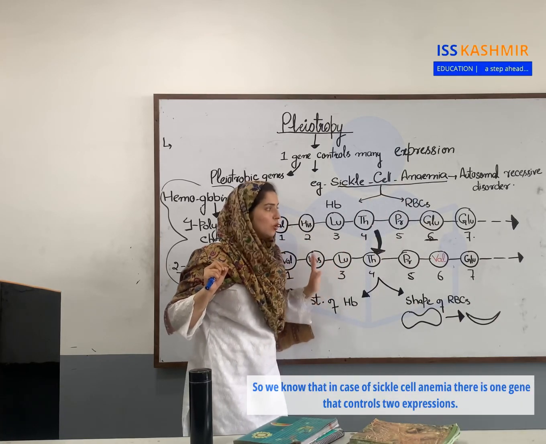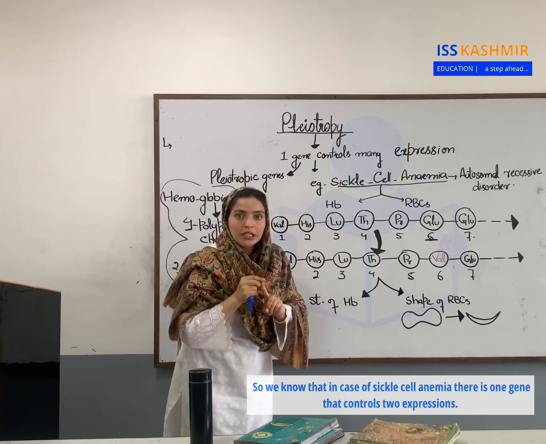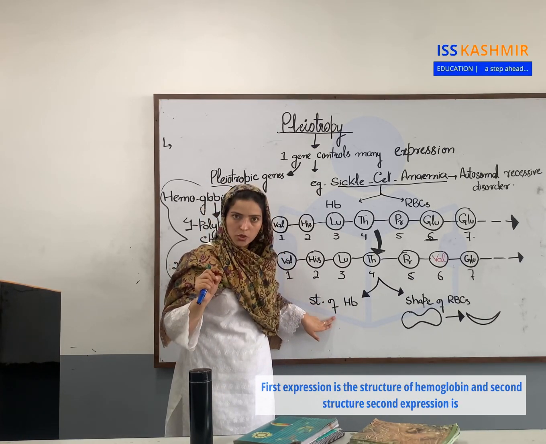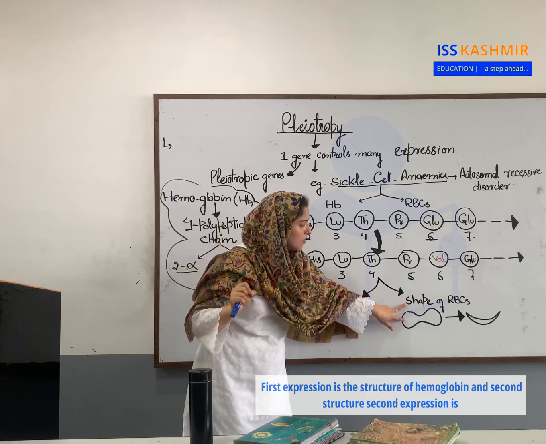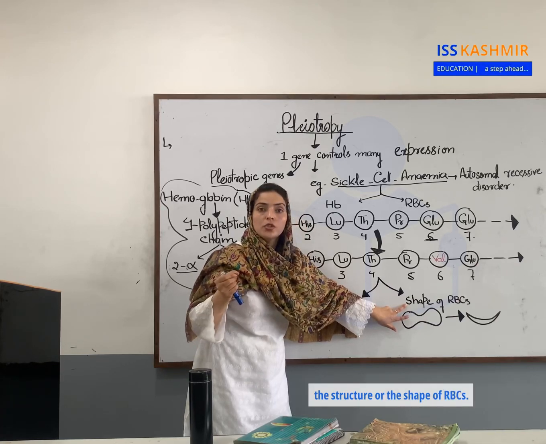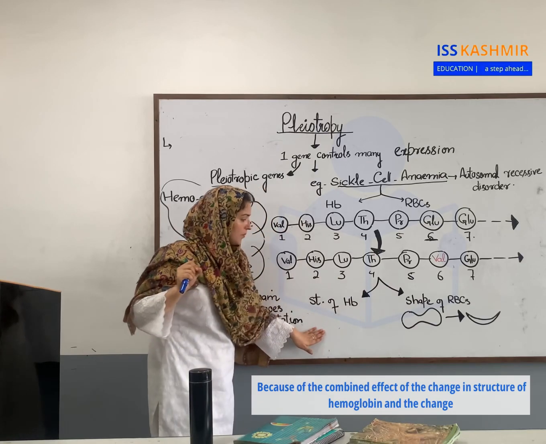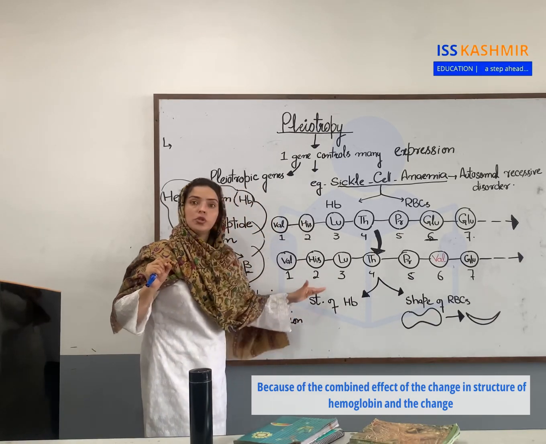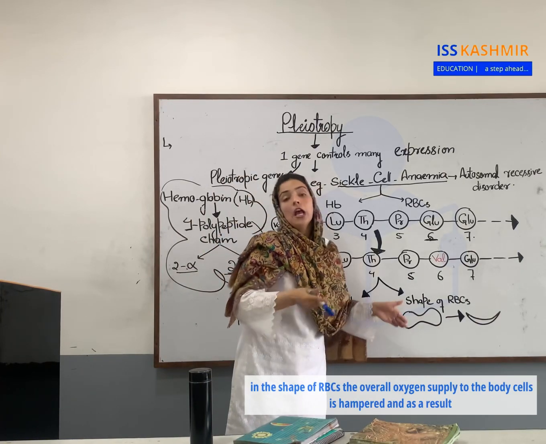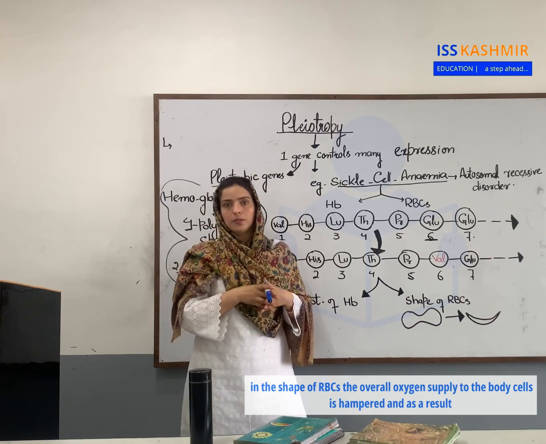So we know that in case of sickle cell anemia, there is one gene that controls 2 expressions. First expression is the structure of hemoglobin, and second expression is the structure or the shape of RBCs. Because of the combined effect of the change in structure of hemoglobin and the change in the shape of RBCs, the overall oxygen supply to the body cells is hampered.